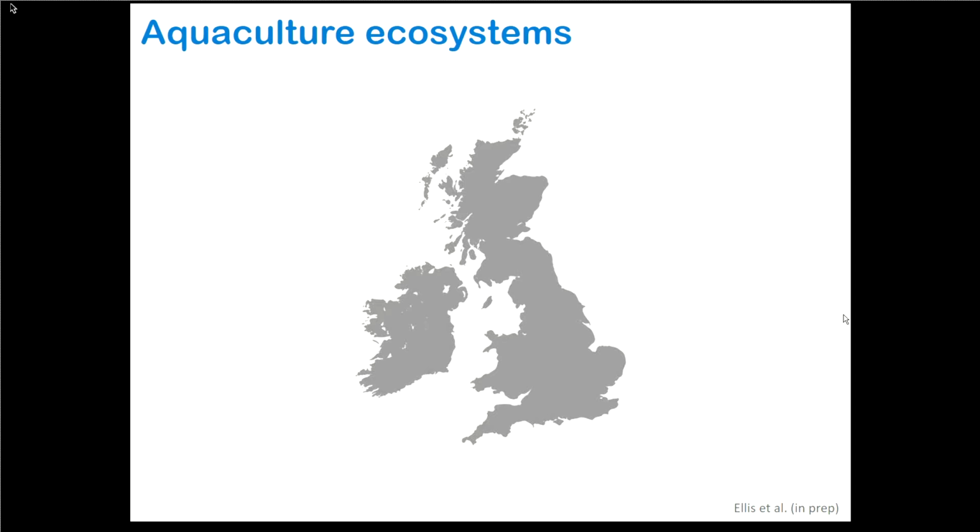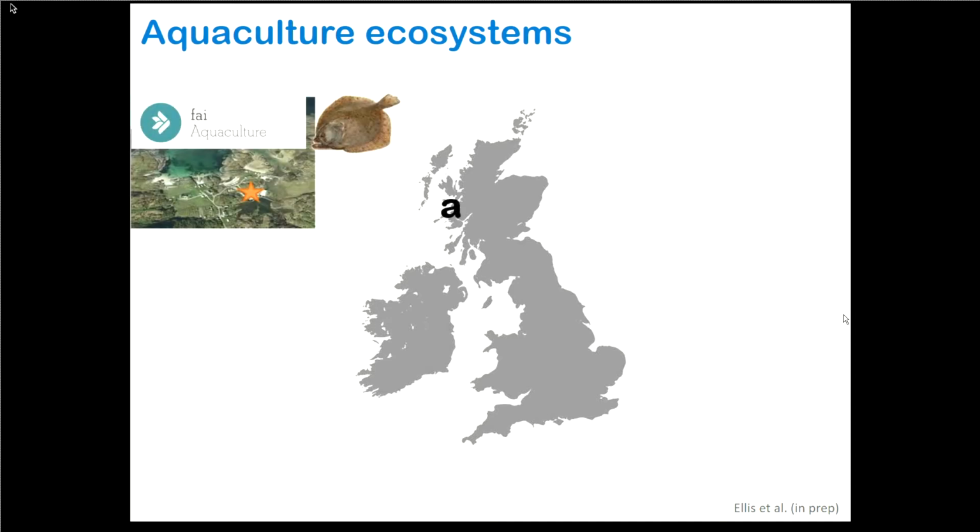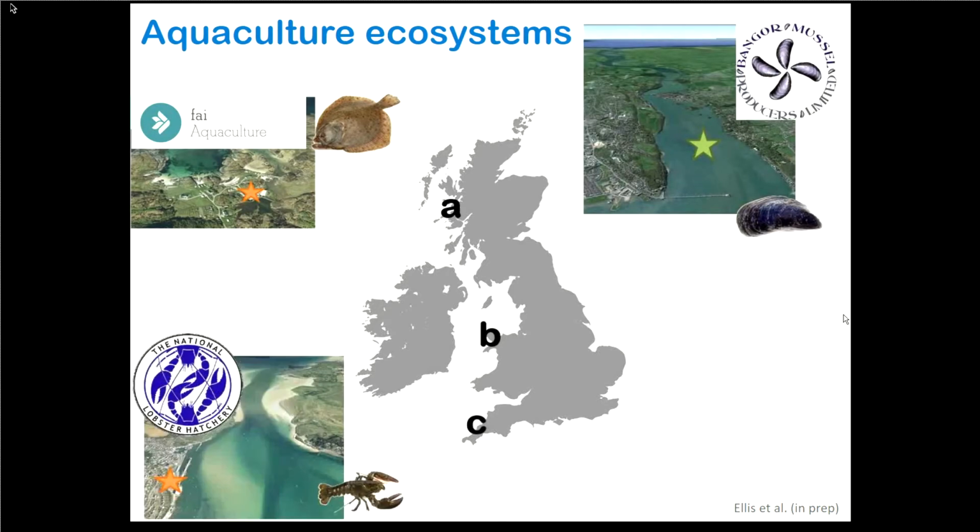And we expanded that slightly and thought, how can we project what aquaculture in the UK might look like in 50 years? And there was a growing body of research from the climate change field at that time to show you need to understand the baseline variability in different environments to then project what's going to happen in the future. So with that in mind, we set up a program working with a number of partners across the UK.